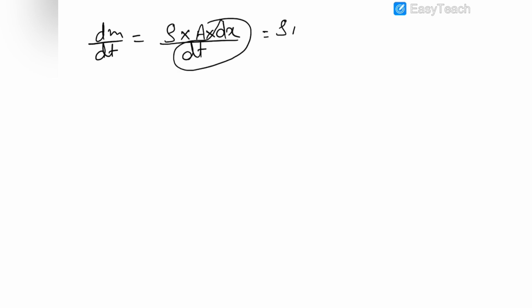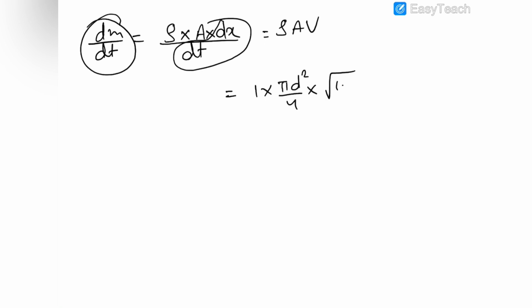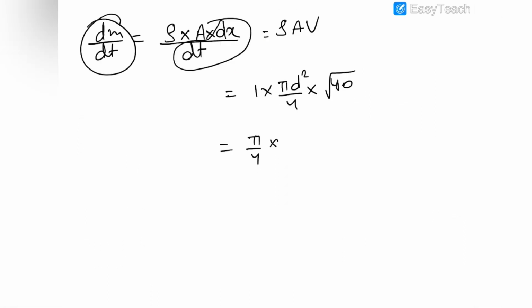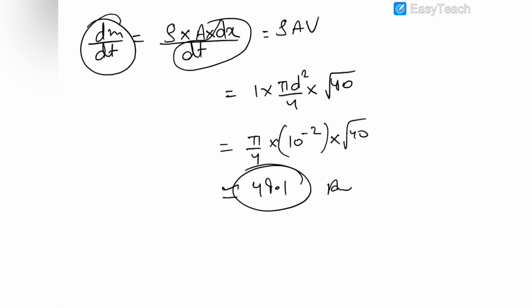So this is rho A V. So this would be equal to, rho is 1, area is pi d square by 4, and V is root 40. So this would be equal to pi by 4 into d square, where small d you can see is 0.1. So this is 10 to the power minus 2 into root 40. So it would be approximately 49.1 something. So this would be the correct answer.